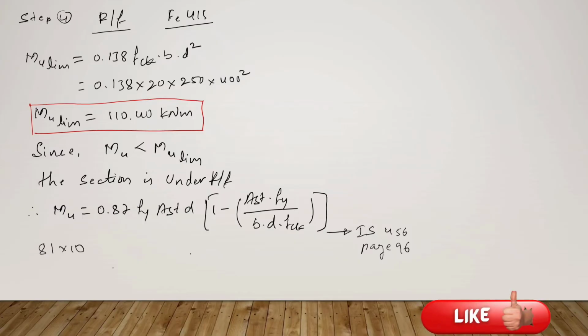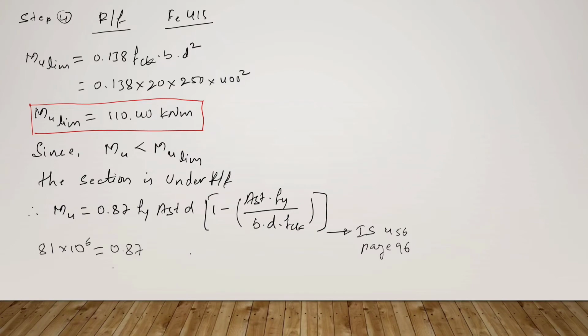So I'm converting it into Newton mm, 10 raised to 6, equals 0.87 fy Ast. We already know the fy value and breadth, depth and fck.